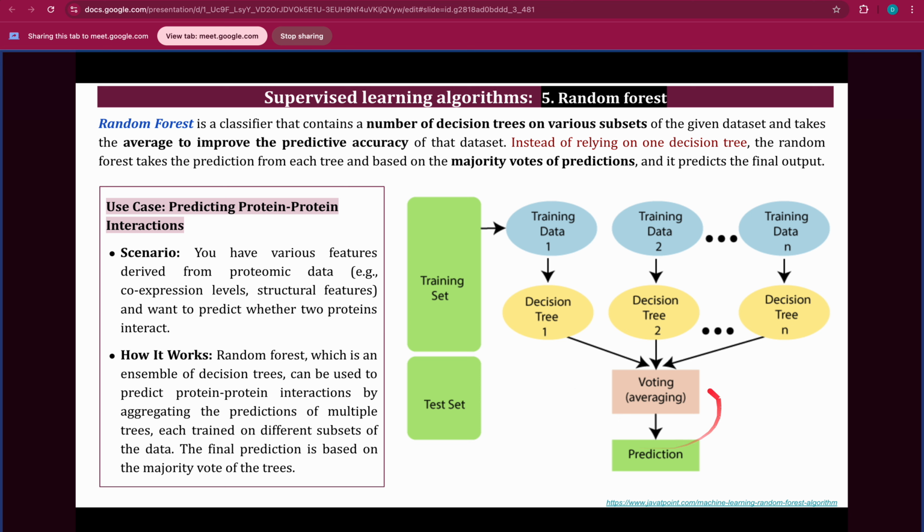The average will become my prediction. This is random forest. When we have a huge amount of data, we can go for random forest, and when we have a single data set, we can simply use decision trees. For example, we can predict protein-protein interactions. So this is about random forest, and we won't waste much time here.